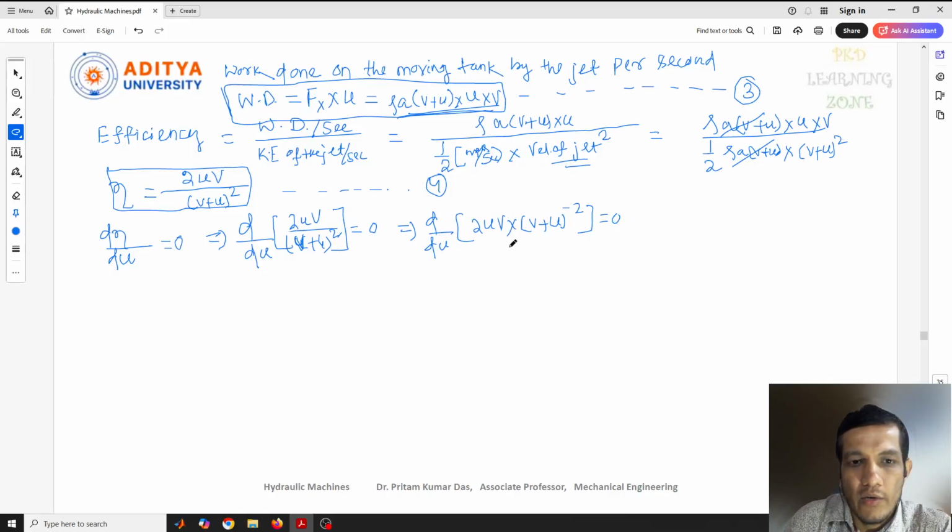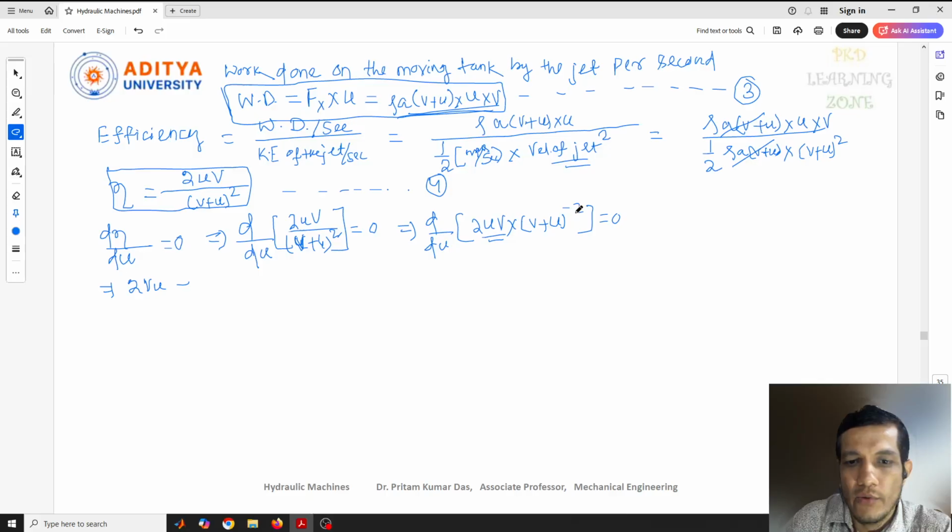Now, one more time, we take the derivative of this. The derivative of 2uv is 2v, into the whole square.